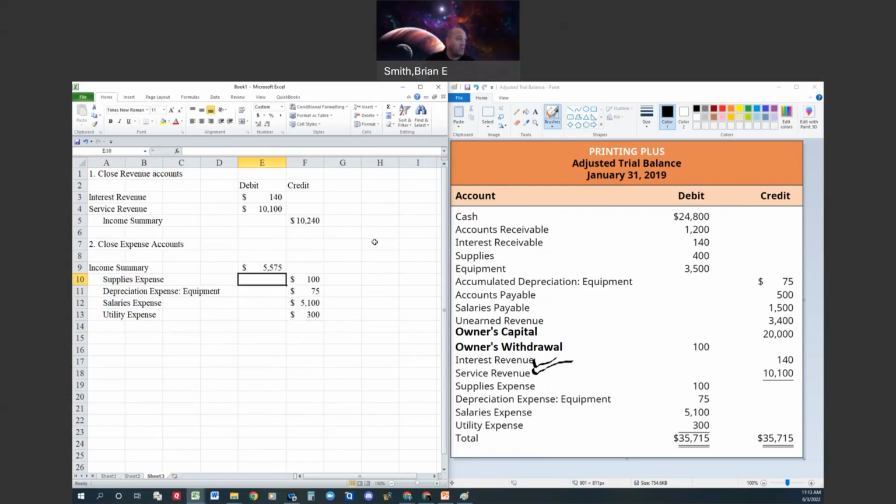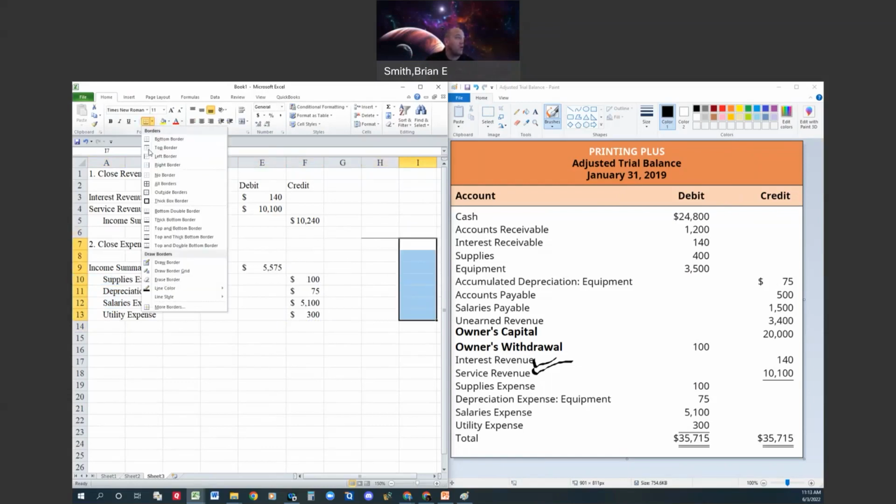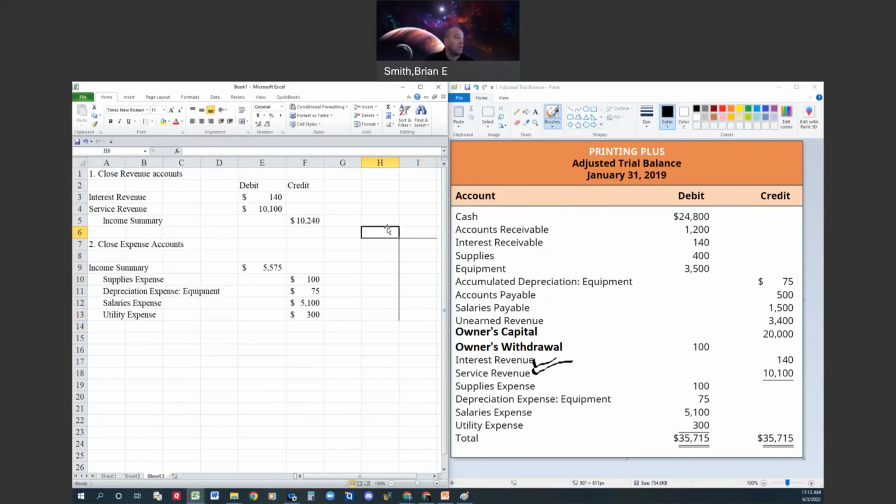So our income summary account right now, if we were to make ourselves a little T account here, we would currently have a credit of 210,240 and a debit of 5575 there, right?